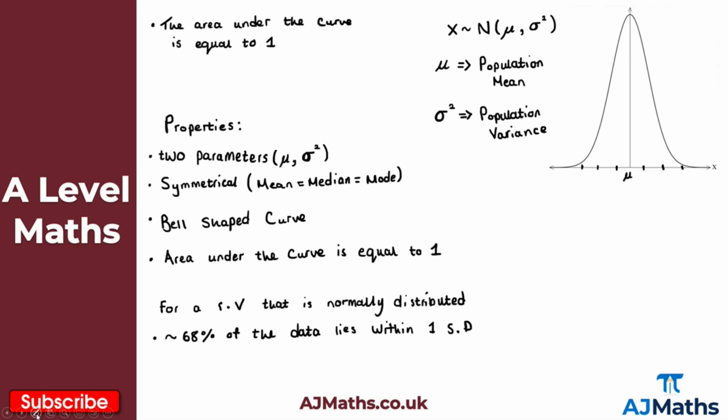Well, if I do this in a different color, this is mu minus sigma here, and this is mu plus sigma. Within this region, if I do a quick sketch, again won't be perfect, between mu minus sigma and mu plus sigma, we've got 68% of the data.